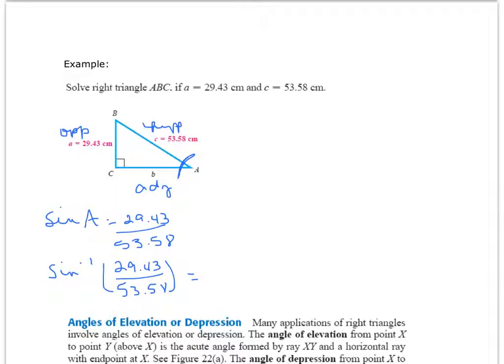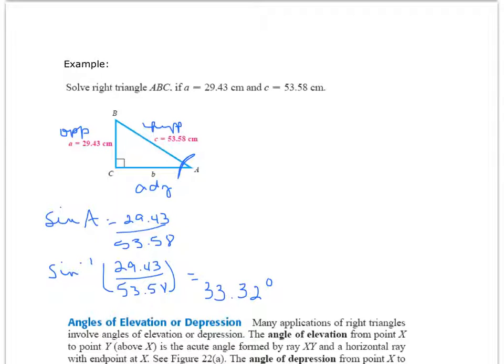And when we punch that in the calculator, we're going to get 33.32 degrees. Okay? So we found the measurement of angle A.